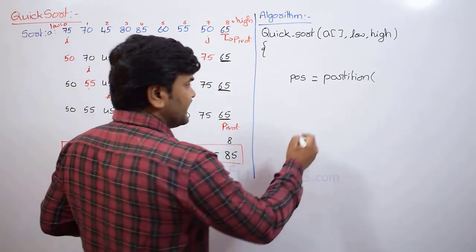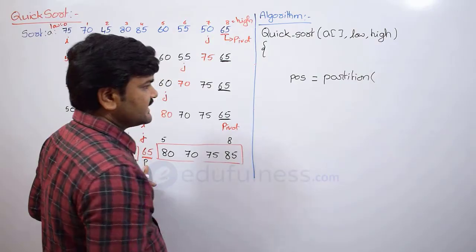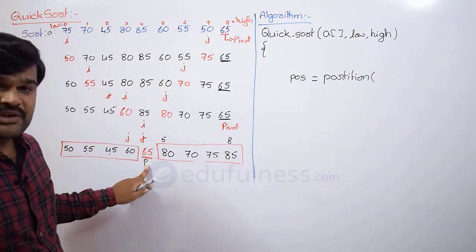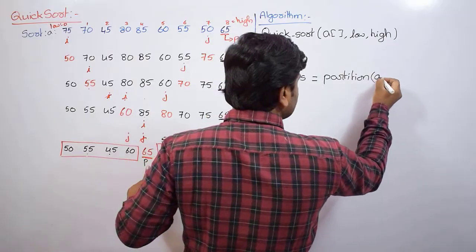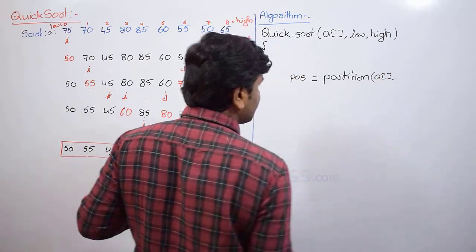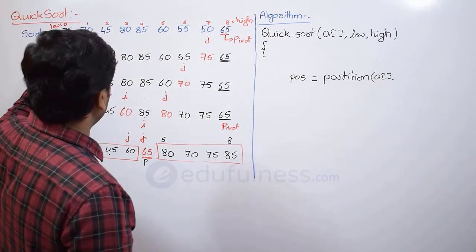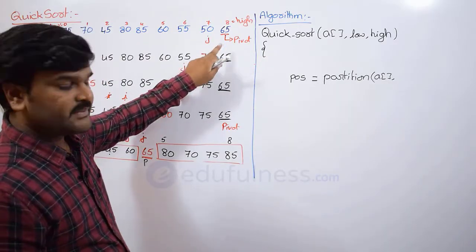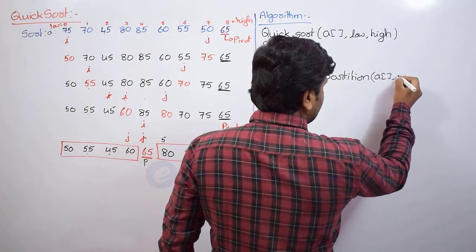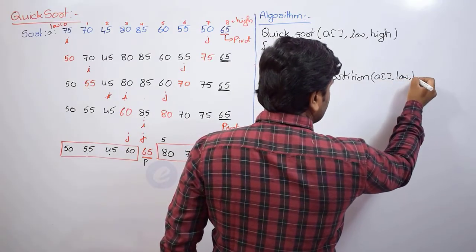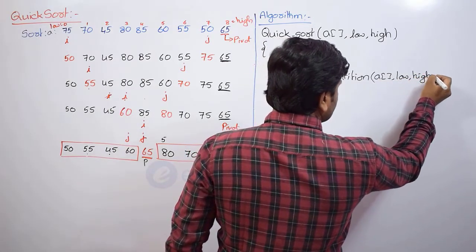So whenever you are calling the partition function, what parameters do you have to pass? I must pass this array A, and then I must pass low and high. Based on that only it is going to work. So I am going to pass the low value and high value.